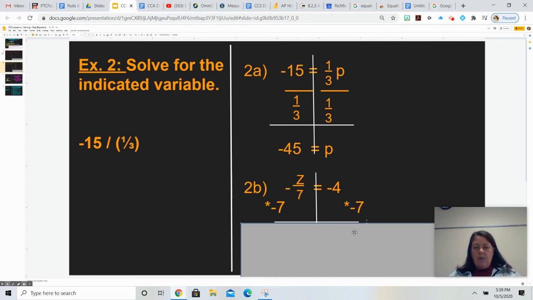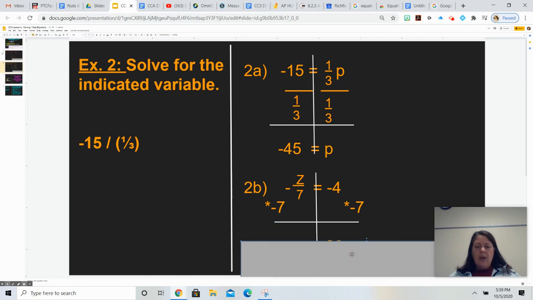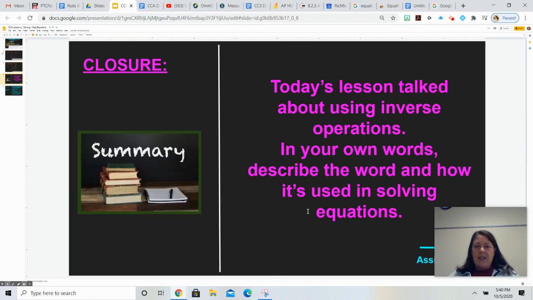And then again, whatever we do to one side, we have to do to the other. So my final answer is z equals +28. So again, just the 4 quick examples for today's lesson, and here is our closure.